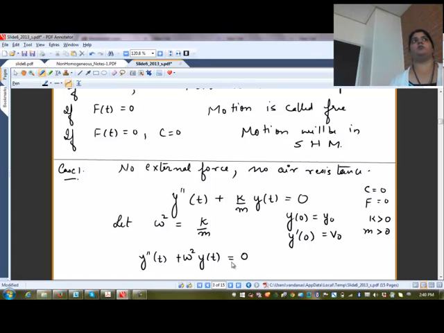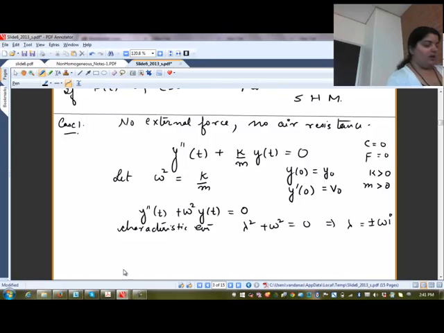So which method can we apply? The characteristic polynomial approach, right? So let's write down the characteristic equation. Lambda square plus omega square is 0. That will imply lambda is plus minus omega i.